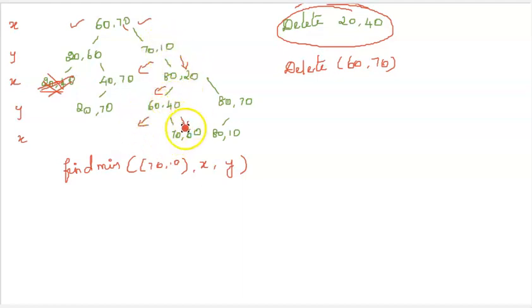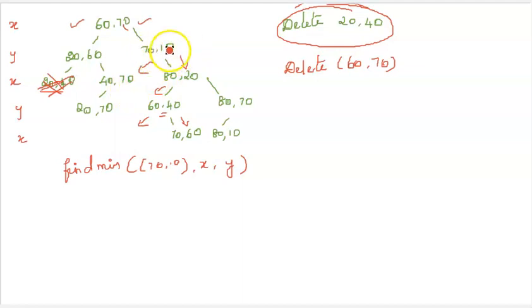So from this position I get 70 60. Here I don't have any data, so among 70 60 and 60 40, 60 40 is going to be the minimum. So 60 40 will be returned to this place, and the same 60 40 will be returned to this place. Okay, so from the total right tree, I am getting 60 40, and from this left I don't get anything.